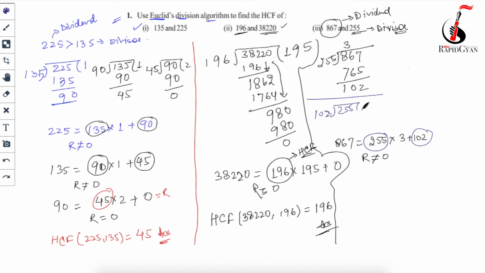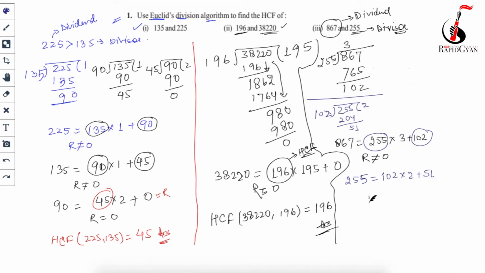Clearly you can see that it will go 2 times. So I will get over here 204, and my new remainder is 51. Correct? So next line I can write over here is that 255 is equal to 102 multiplied by 2 plus 51. So 51 is my new remainder.